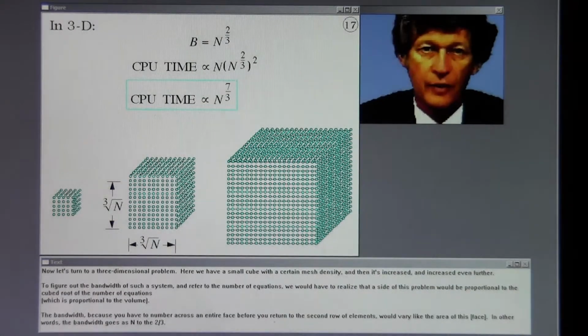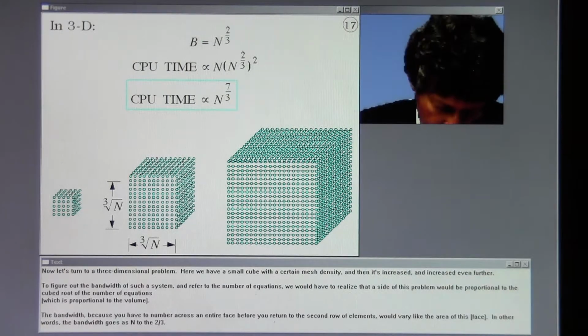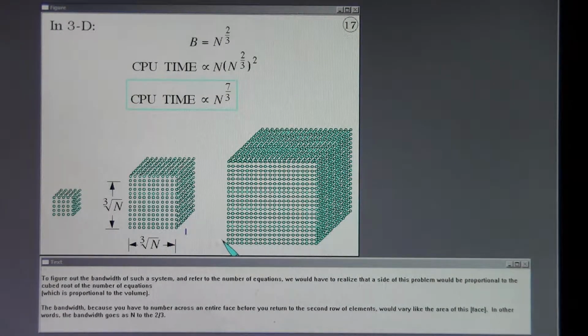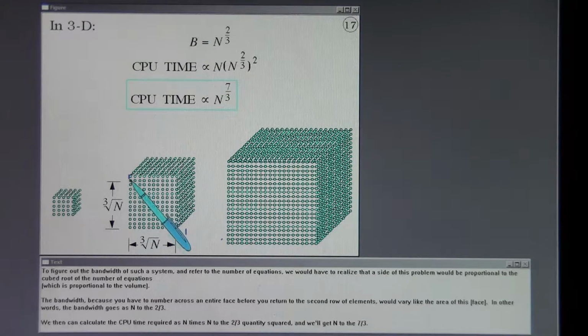Now let's turn to a three-dimensional problem. Here we have a small cube with a certain mesh density, and then it's increased and increased even further. To figure out the bandwidth of such a system, referred to the number of equations, we would have to realize that a side of this problem would be proportional to the cube root of the number of equations, which is proportional to the volume.